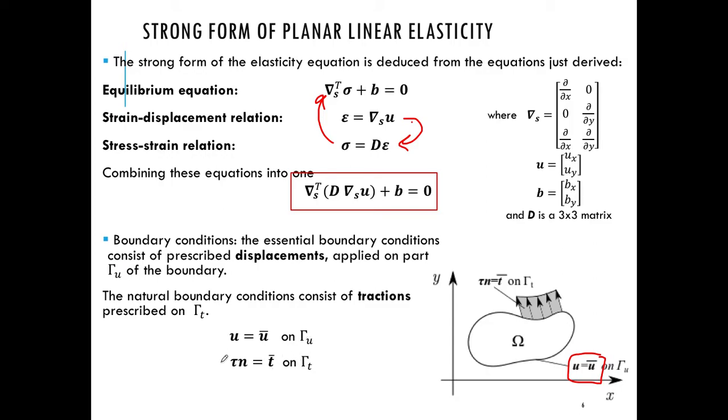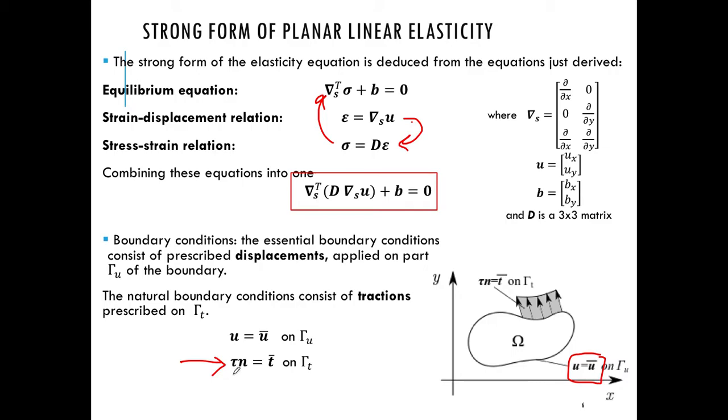Noting that here we have used our Cauchy stress relationship that we had derived before, which was that the stress arising at the boundary because of an applied traction would be given like so. Okay, so tau was the stress tensor.